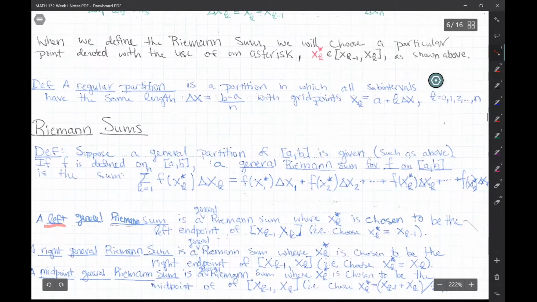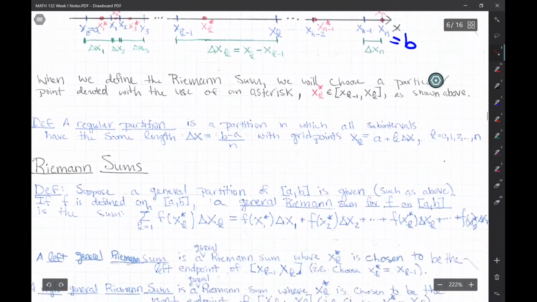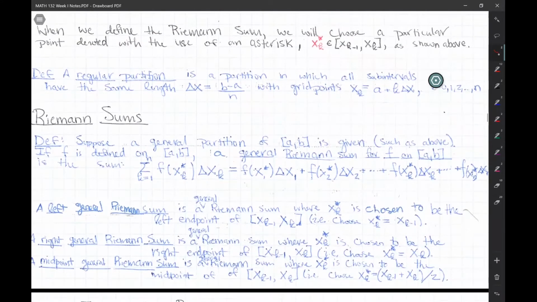So the left general Riemann sum is one where you're choosing the left endpoint. Okay, so for our kth interval, we would choose x sub k minus 1. That's the left endpoint. A right general Riemann sum is one where we choose the right endpoint.